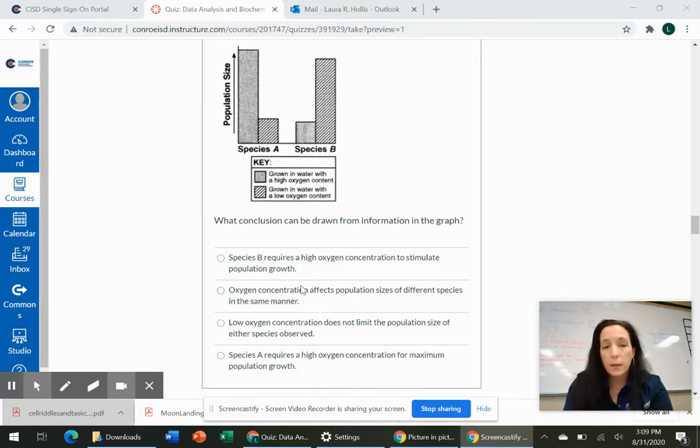Low oxygen concentration does not limit the population of either species observed. That's not true because low oxygen content limits how many of species A can survive. So the only answer that can be true is that species A requires a high concentration for maximum growth. So the answer here is D.